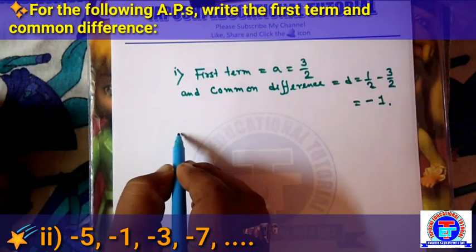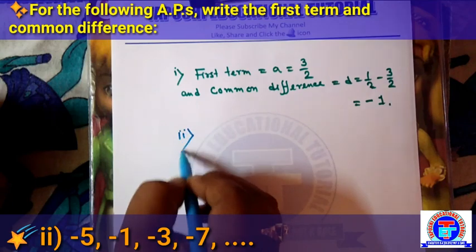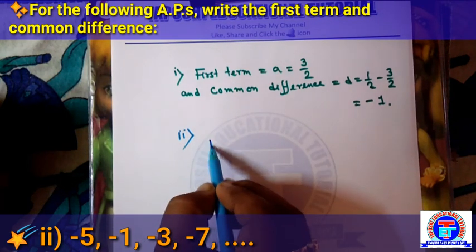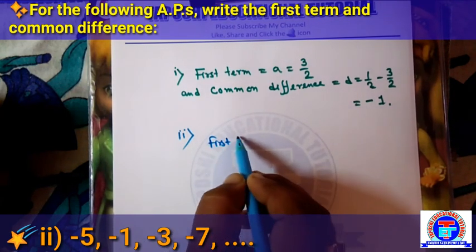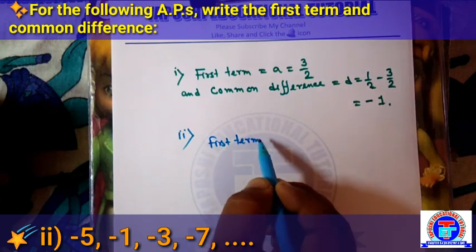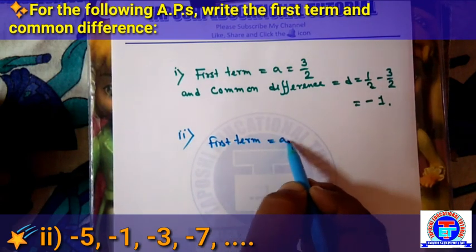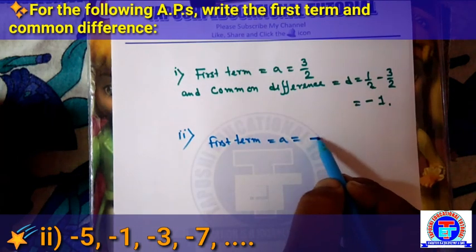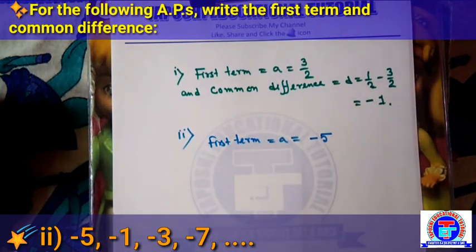Number 2, AP, their first term and the common difference will be: first term is equal to A is equal to minus 5, right?